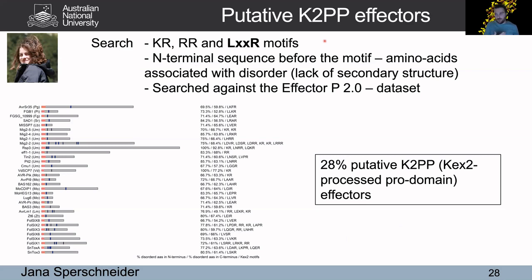This was because our observations with the other effectors were that these regions, or prodomains, were almost void of secondary structure. In doing this, she picked up 28% of the effectors in the data set as putative K2PP effectors. This was a lot higher than we had thought, and I'm thinking maybe the community had thought.